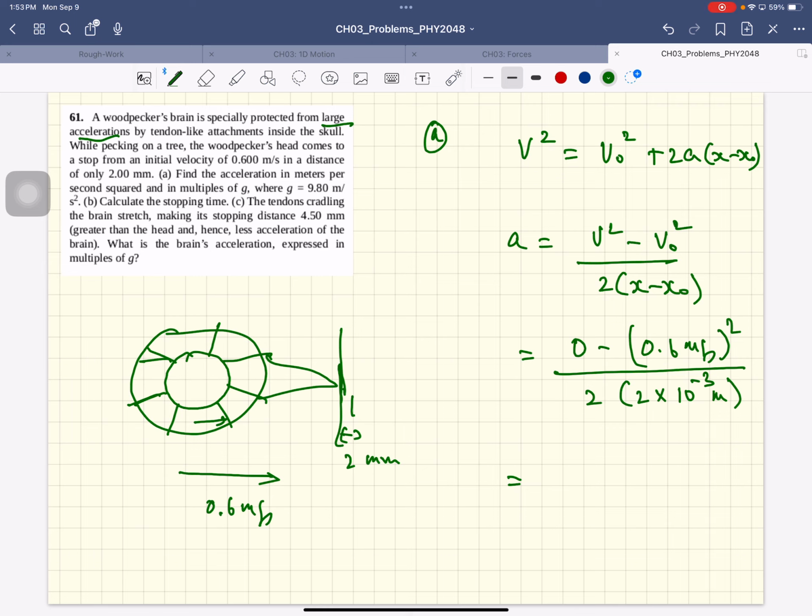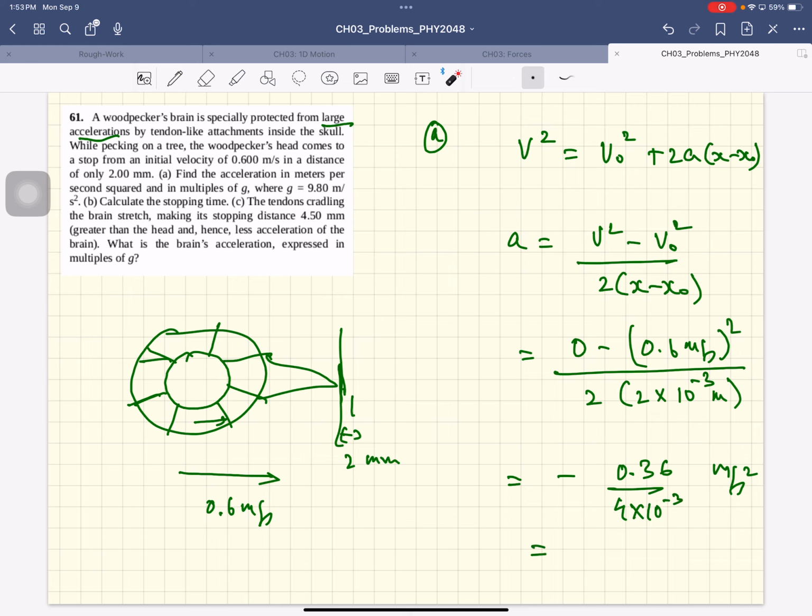So this works out to 0.36, and the negative sign just tells you the direction, divided by 4 times 10 to the minus 3.